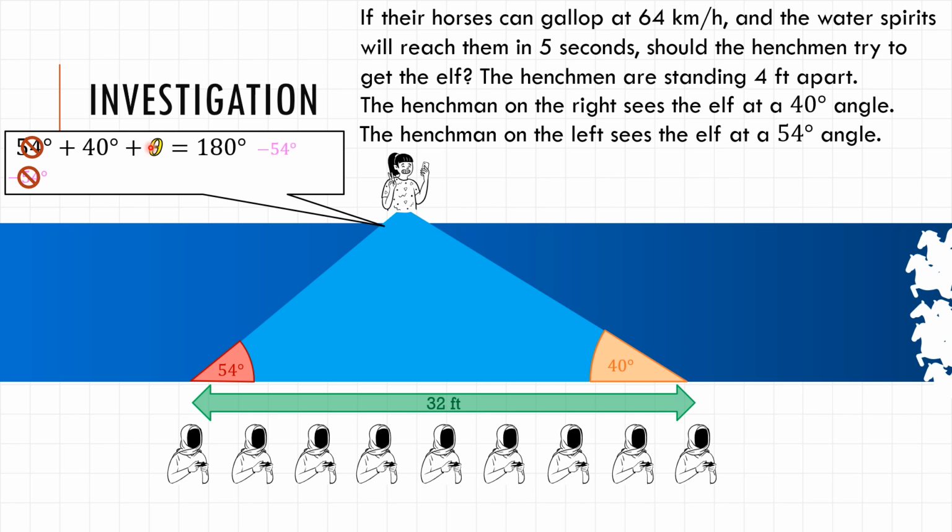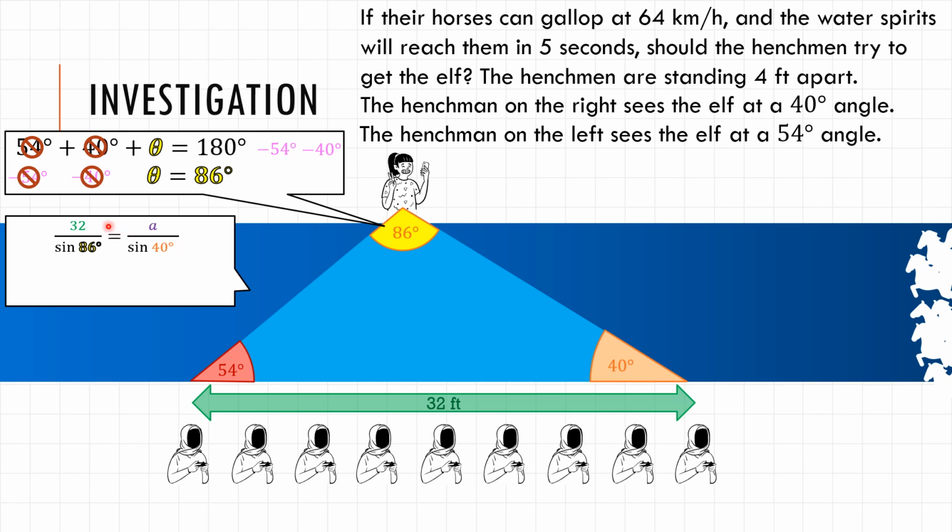If I subtract 54 and 40 degrees from both sides, I'll get rid of them on this side, and then because I have to do the same thing to the other side, I can find out that theta is equal to about 180 minus 54 minus 40, which is 86 degrees. And now I have a pair, so that allows me to use sine law. And I'm going to use it to try to calculate this distance right here.